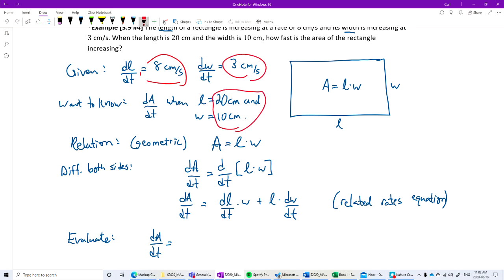These are going to go into my expression here. dL/dt is 8. W is 10. L is supposed to be 20. And dW/dt is 3.